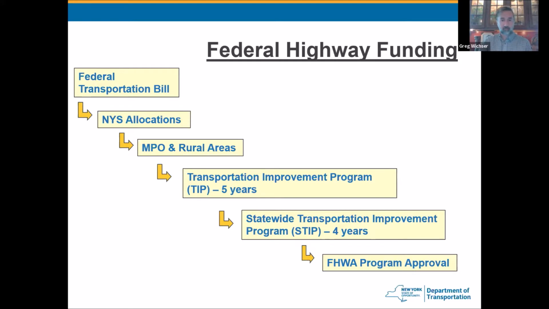And then once that's done, the MPOs construct a respective TIP, which is a 5-year transportation plan for the federal aid. Then the 14 MPOs and the rural counties roll their TIPs up to the STIP, the statewide transportation plan, which is a 4-year document.